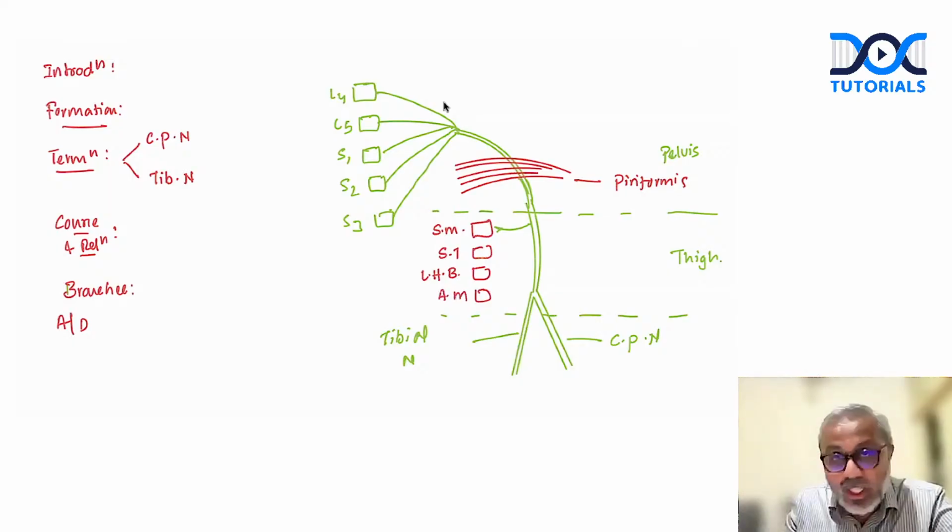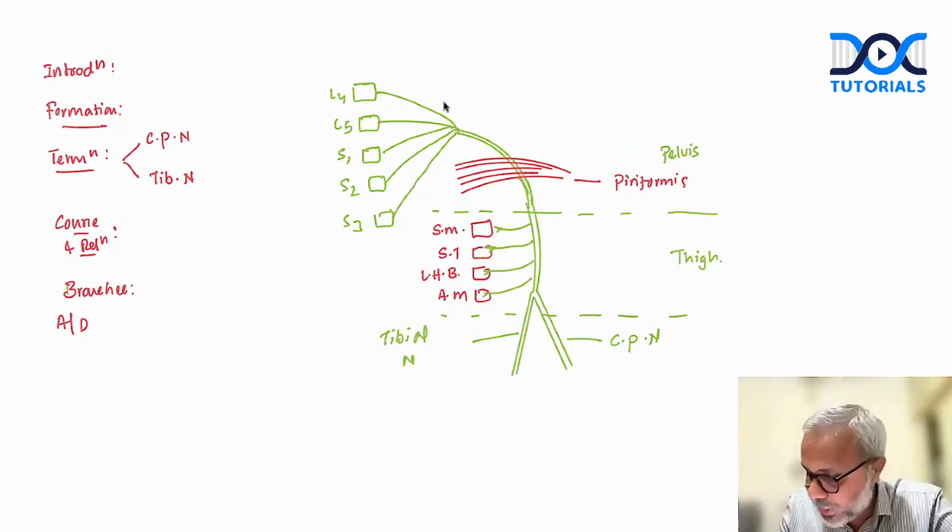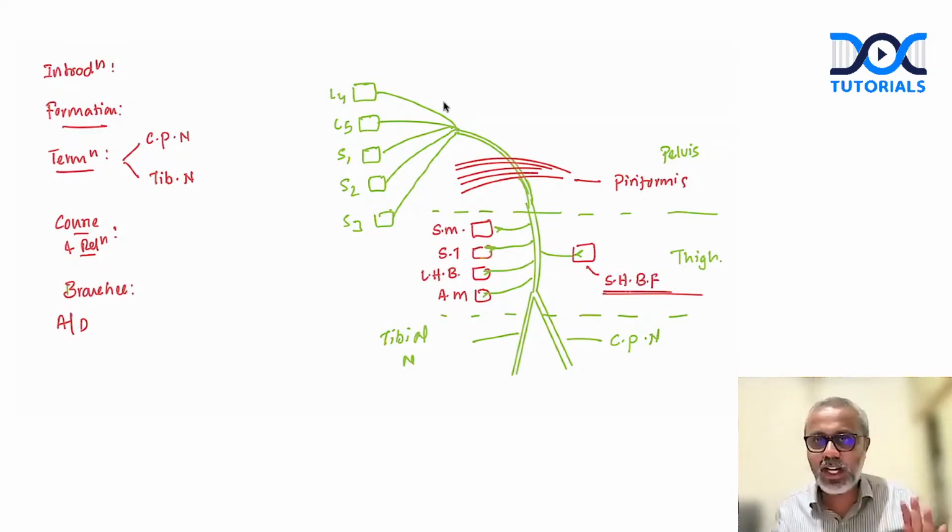So all these muscles, hamstring muscles, are supplied by the tibial component of the sciatic nerve. Whereas the common peroneal component supplies only one muscle, and that muscle is the short head of biceps femoris. Right? This is all we need to write about the branches and area of distribution of sciatic nerve.